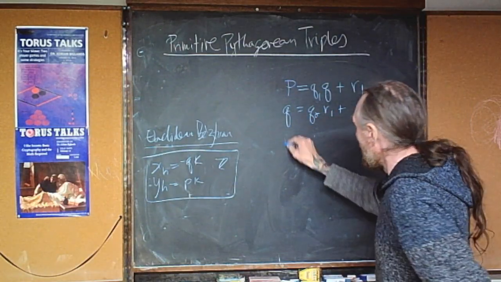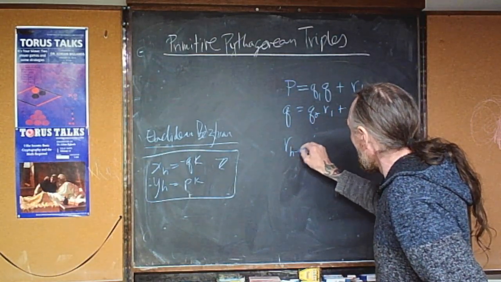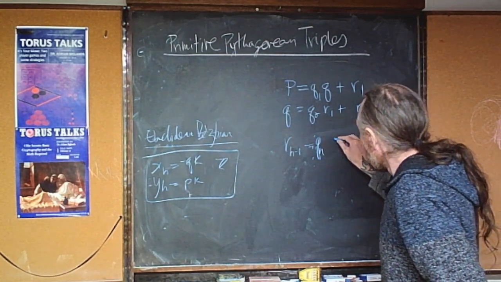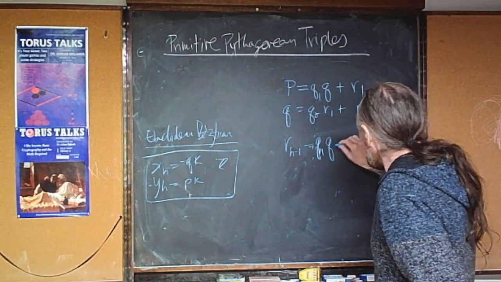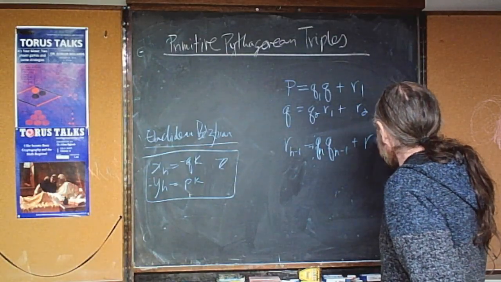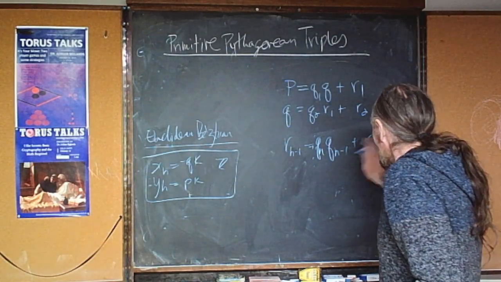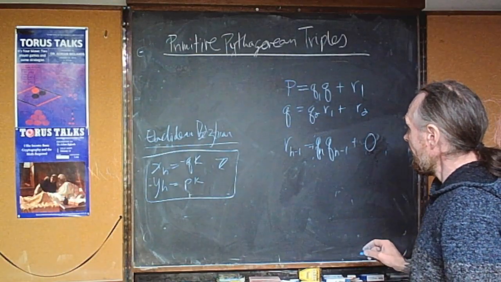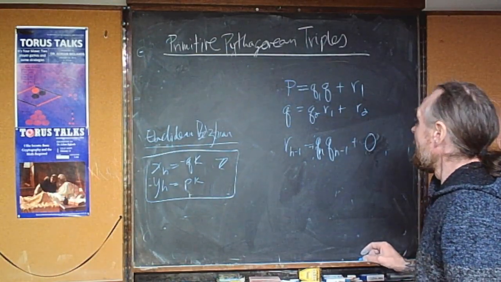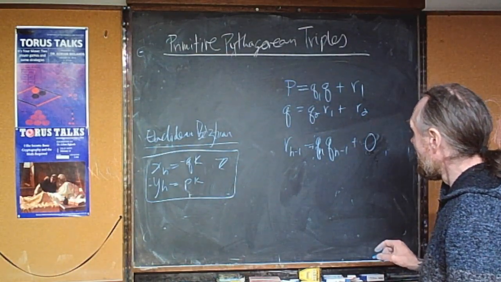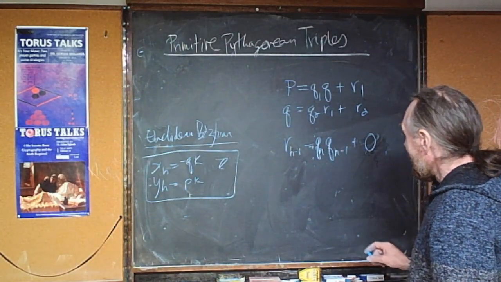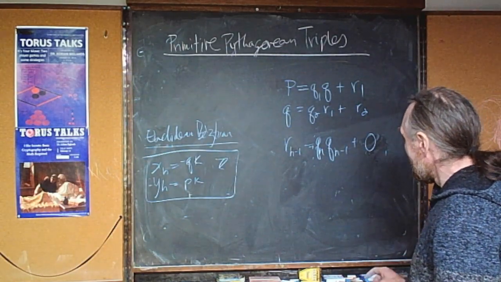So then eventually Rn minus 1 is going to be Qn times Rn minus 1 plus Rn. And then the last one is going to be 0, essentially. So what you need is, you need to use the particular solution of where, once I've done this, how do I say this is the best?